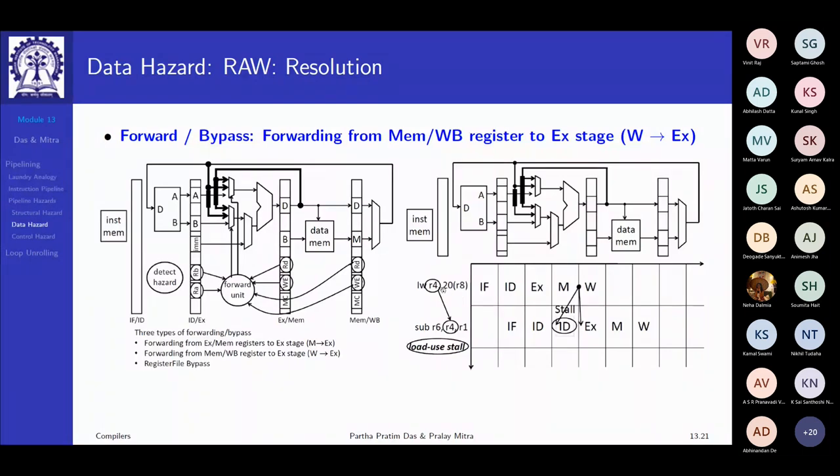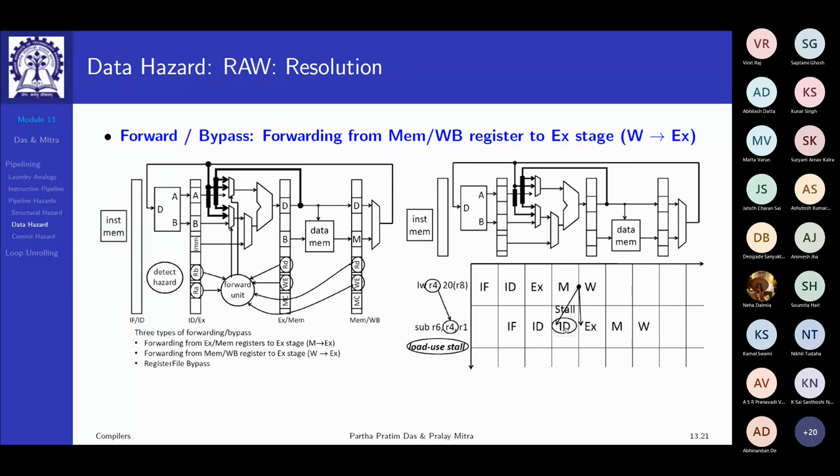From this memory, in the load instruction, the value will be read, and in the write back stage, it will go to R4. And then sub needs this R4. Since it does not get that value, it will have to wait for that value. It will have to stall.